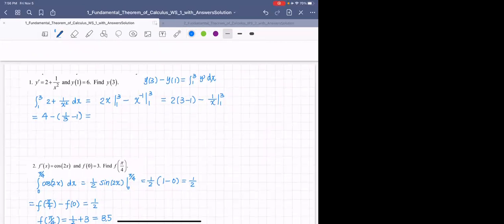So this is 5 minus 1 over 3. y3 we don't know, but y1 we know, it's 6, right? y3 minus y1. So y3 equals 11 minus 1/3.